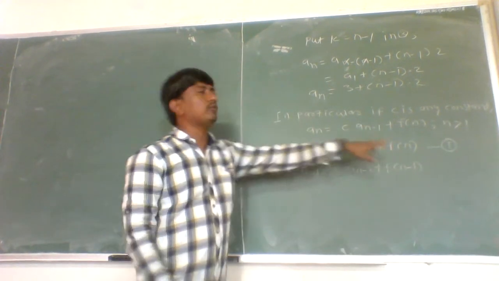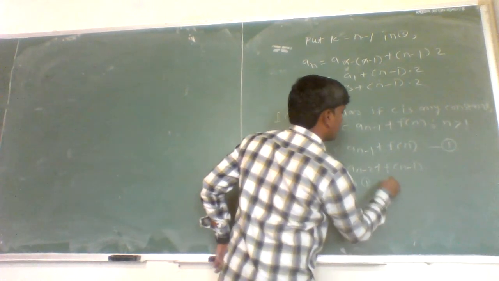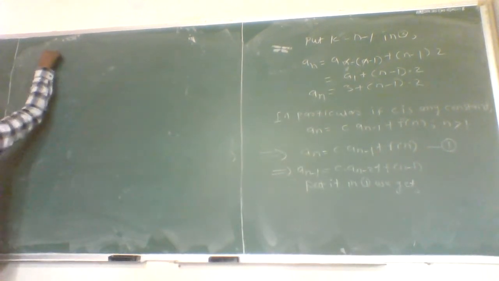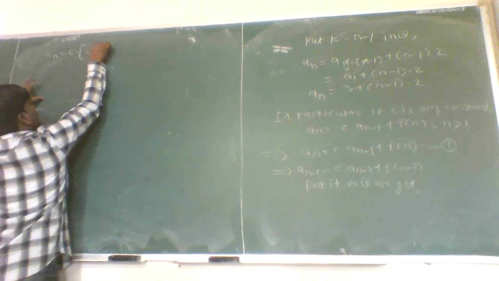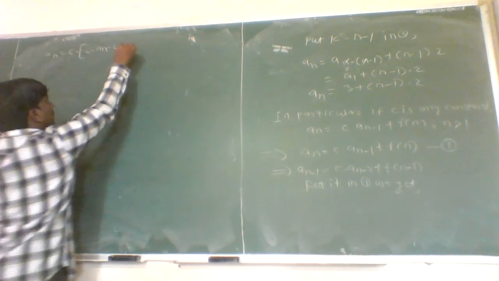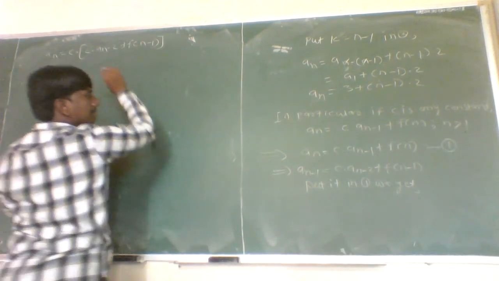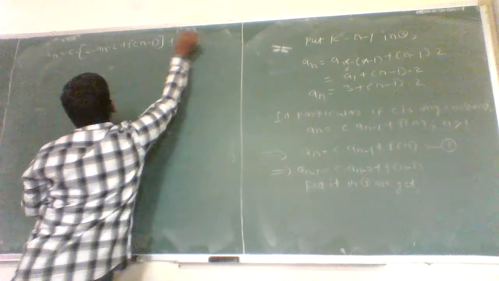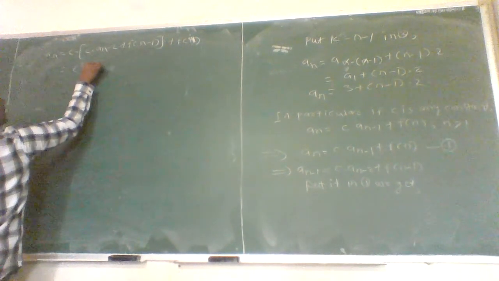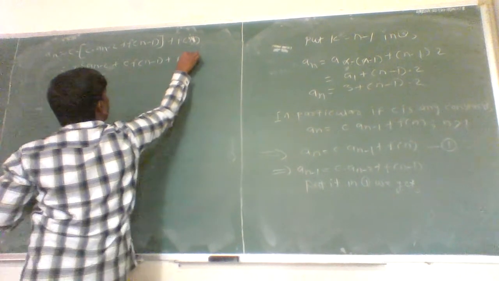Now put this a_{n-1} in the original relation. We get a_n = c times (c a_{n-2} + f(n-1)) + f(n), which is c squared a_{n-2} + c f(n-1) + f(n).